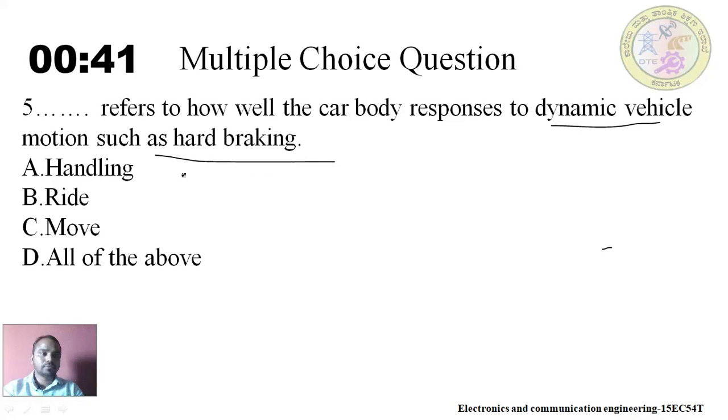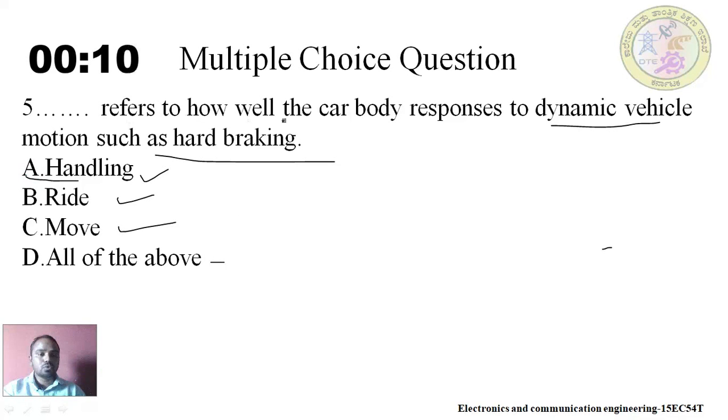Options are handling, ride, move, or all of the above. Think over it. We have discussed this concept many times during our presentation. Yes, dear students, the right answer to this question is handling.